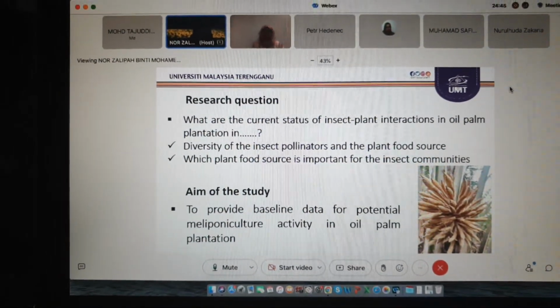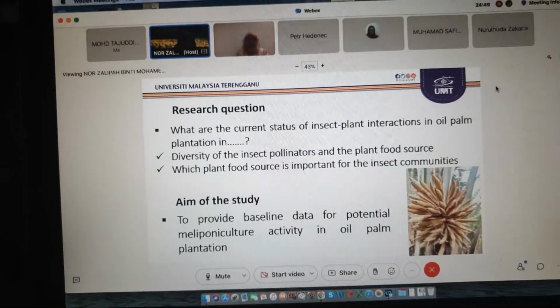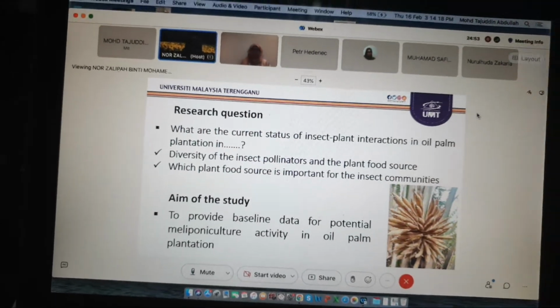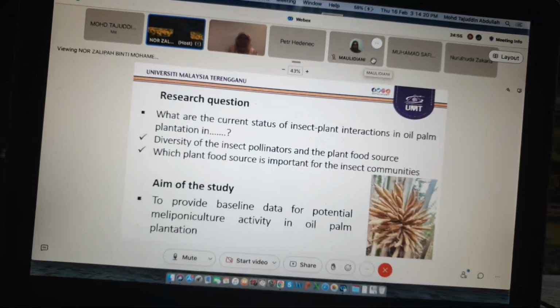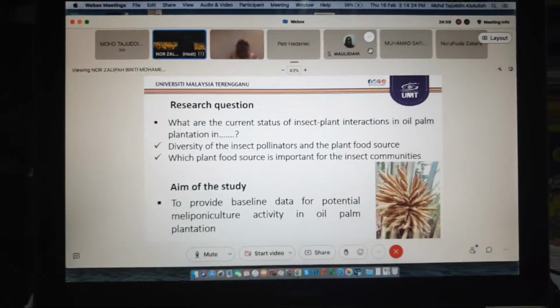So the aim of this study is just to provide baseline data for potential meliponiculture activities in oil palm plantation, or stingless bee rearing in oil palm plantation.